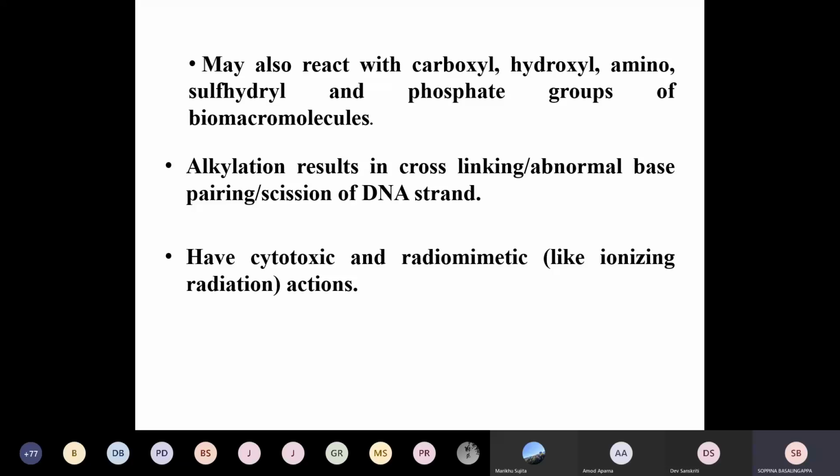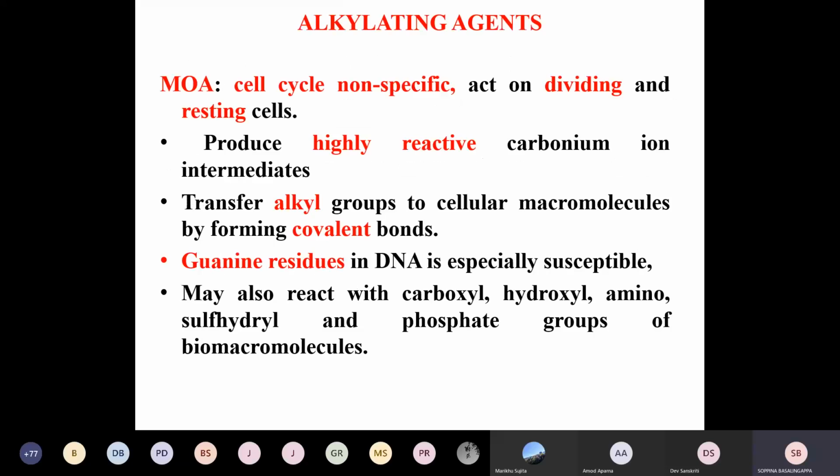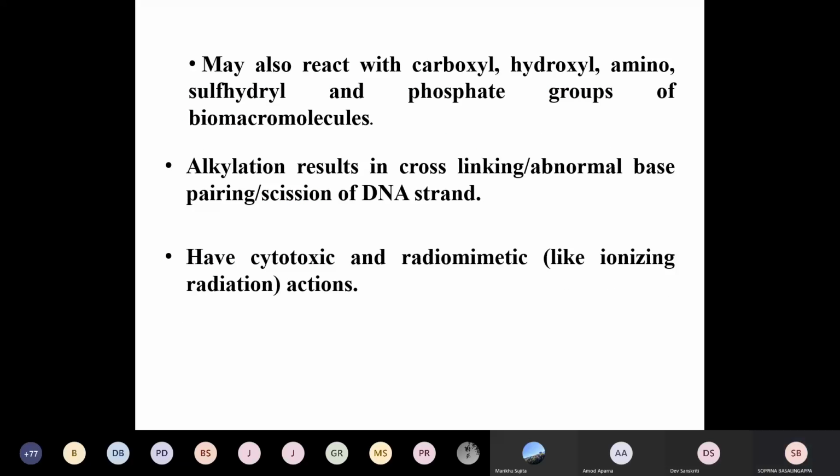Now, once this alkylation occurs, what is that alkylation? Combining these alkyl groups with cellular macromolecules. That results in cross-linking or abnormal base pairing in the DNA strand, and the DNA cannot perform its function.